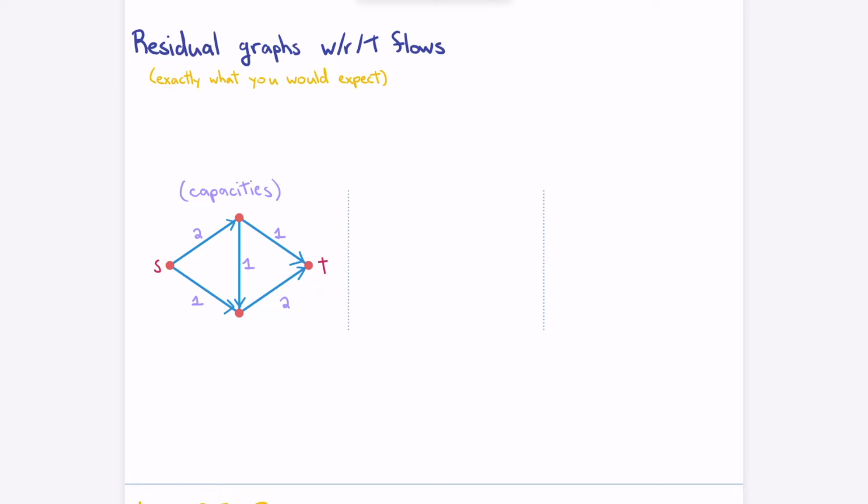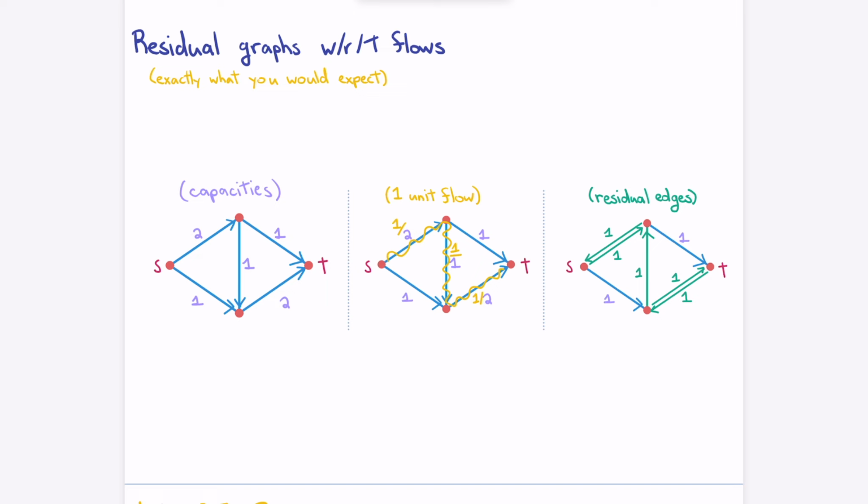So if I have 1 unit of flow going like this, I should add the opposite capacity to the graph. It's just like adding edges, but if you're doing a fractional value, then you'll be adding a fractional capacity.